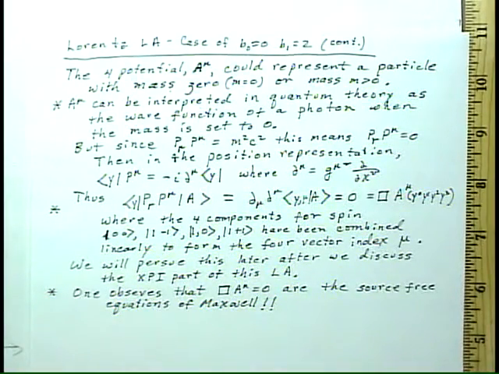One of the best references that I know of for this is actually in the book by Schwaber, Quantum Theory of Fields. There are 2 other things that we have to be very careful about with the representations of the Lorentz algebra.